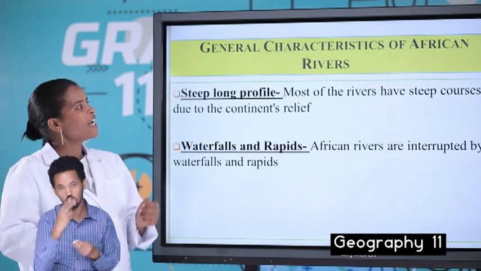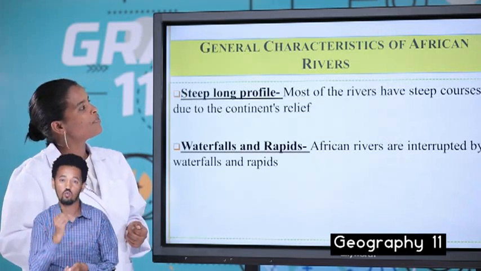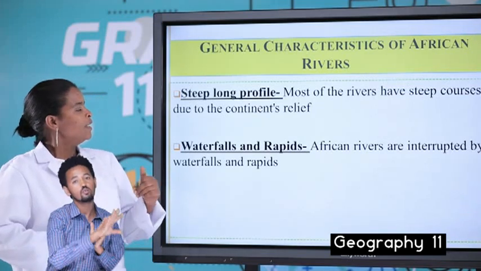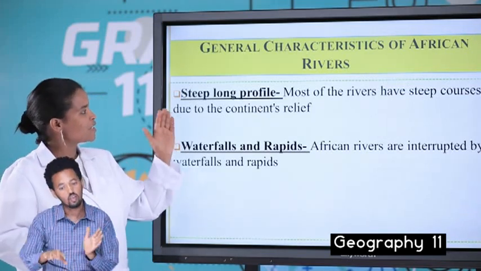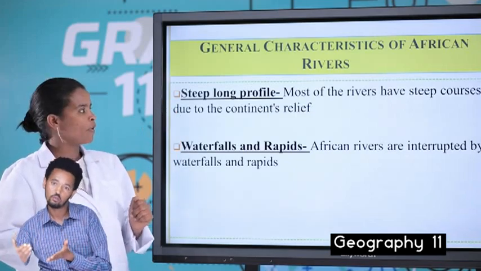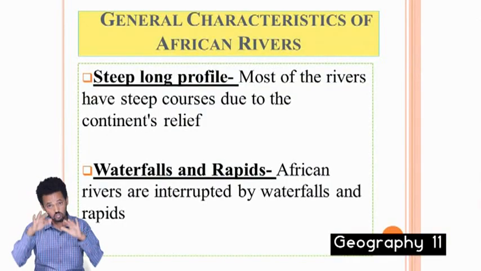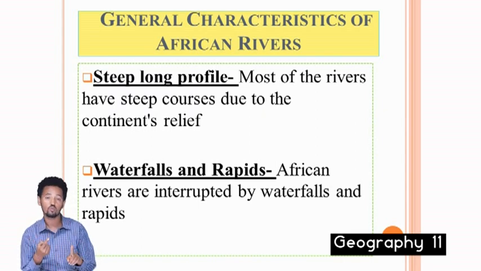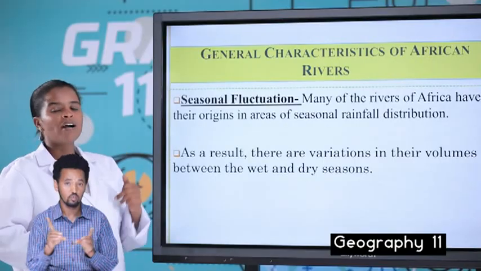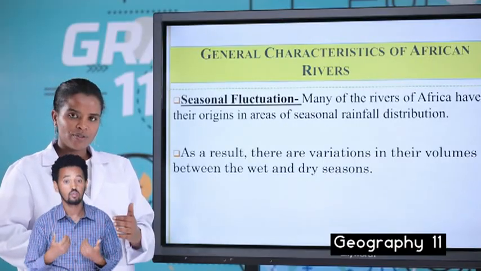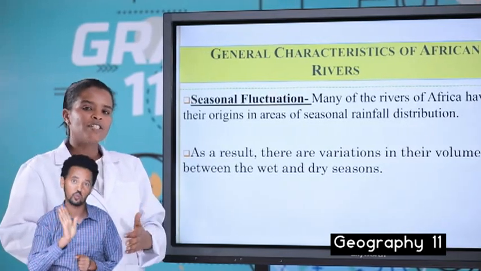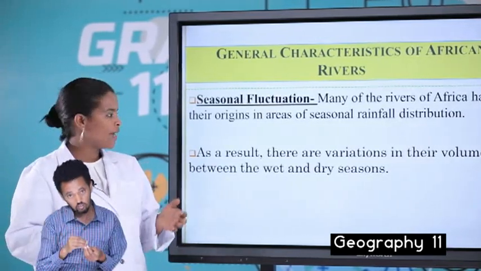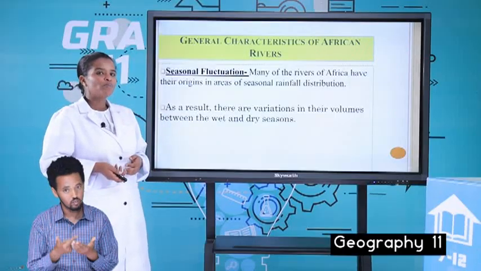Let us move to the general characteristics of African rivers. African rivers have a steep long profile because most of the rivers have steep courses due to the continent's relief. Waterfalls and rapids are the second characteristic of African rivers. African rivers fluctuate seasonally: the rainy season increases their volume, and in the dry season the volume decreases.